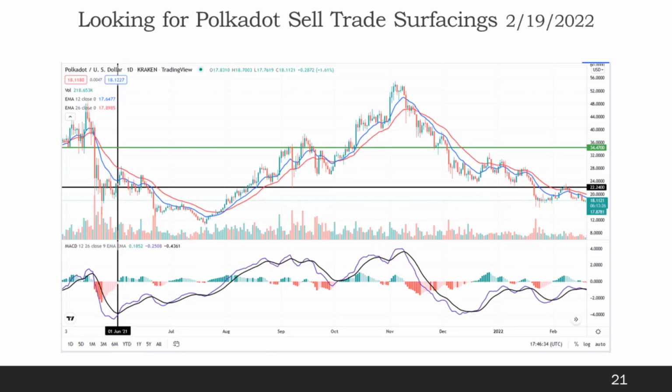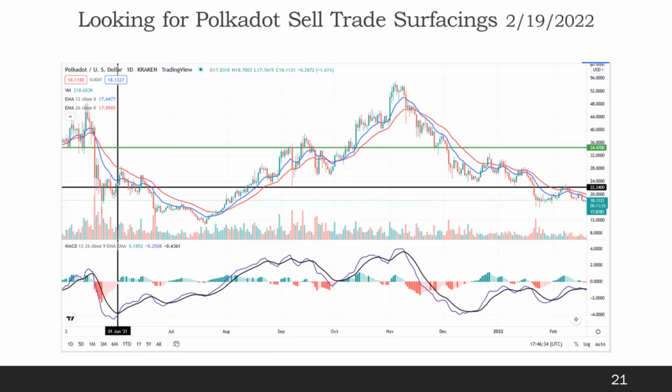We bought Polkadot June 1st, 2021. See the black vertical line. We bought it at a price of $22.24. See the black horizontal line. The 55% flexible target appreciation price is $34.47.